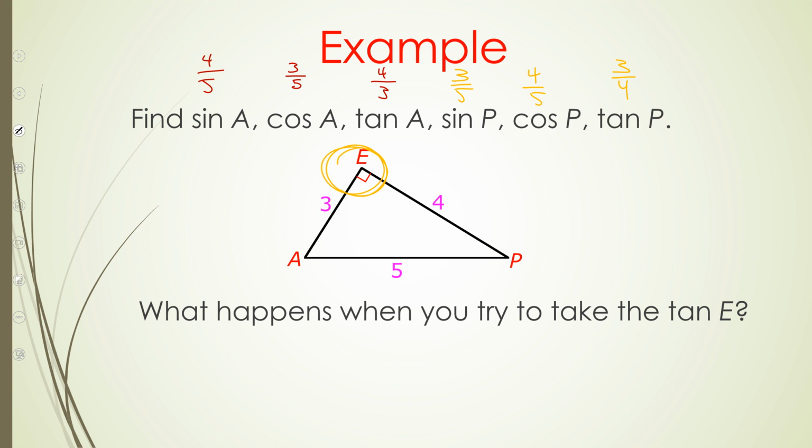I'll ask Freya. What's the tangent of angle E? Excellent answer. It doesn't make any sense, right? Because we went opposite over adjacent. Well, which adjacent side do you pick?